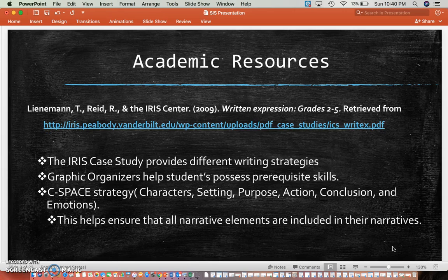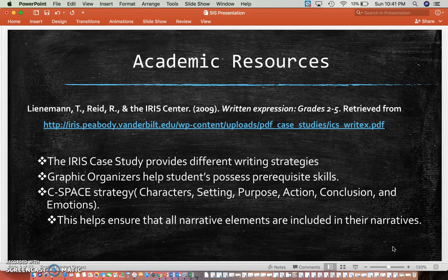Some academic resources that were used specifically to help implement some strategies was the IRIS case study. The specifics of this case study was it provided different writing strategies to incorporate into the classroom. When I was reading through the IRIS case study, I found that graphic organizers help students possess these prerequisite skills, things that if we continue to implement these graphic organizers, it'll reinforce the things that they have learned specifically within narratives.